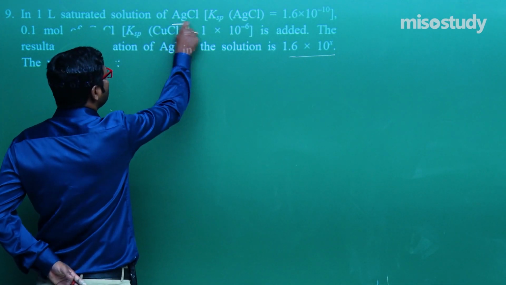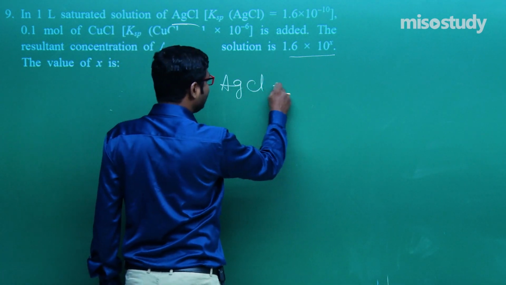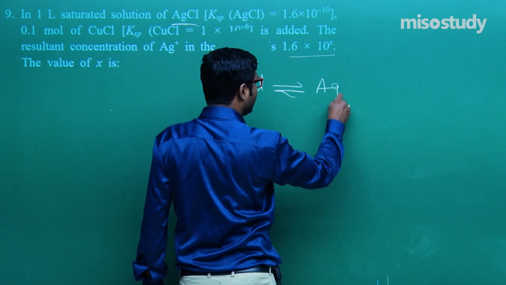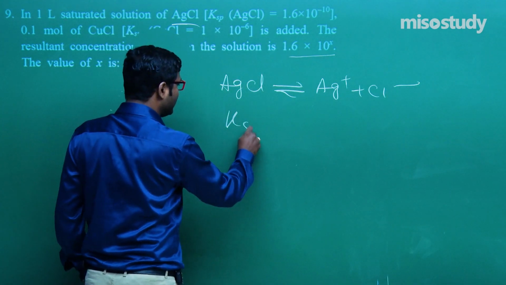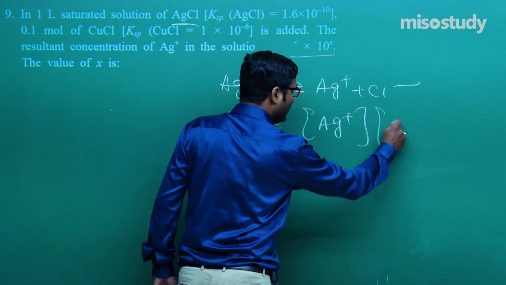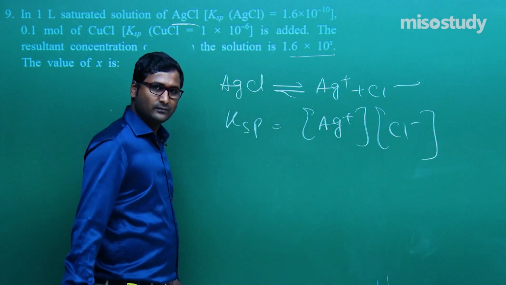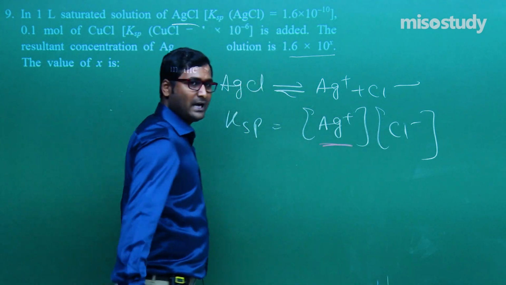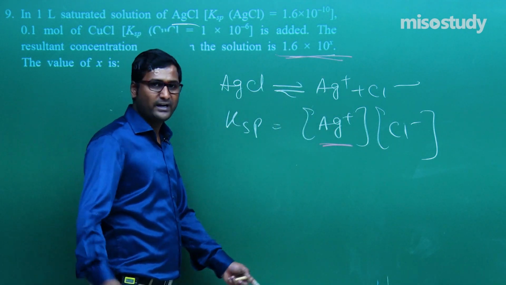As we know, AgCl will dissociate like this, Ag+ and Cl-, and for this, Ksp is equal to Ag+ concentration into Cl- concentration. We have to find this, which is symbolized as 1.6 into 10 to the power x. We have to find the value of x.